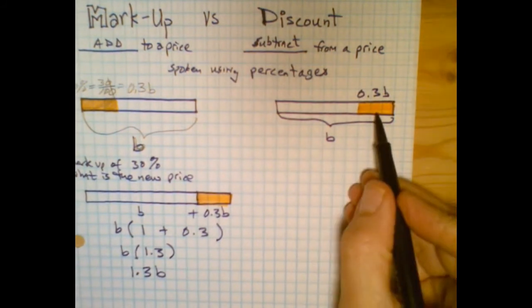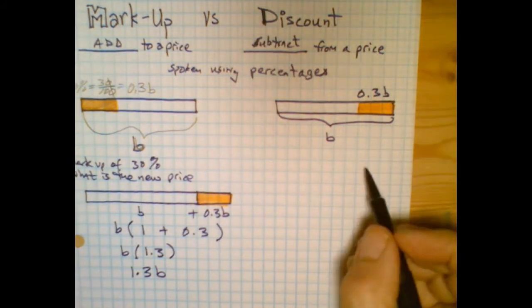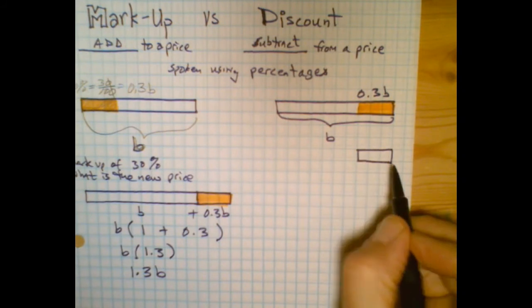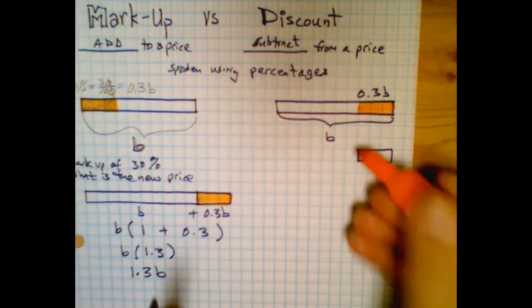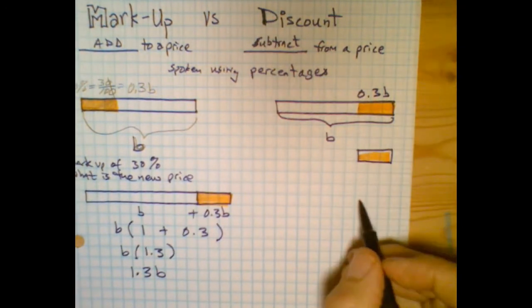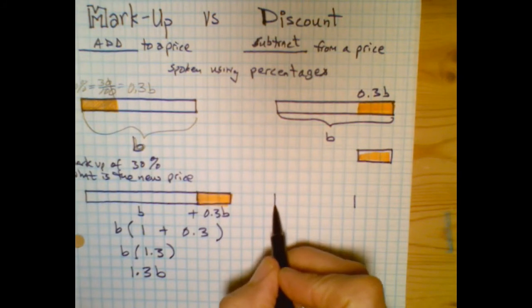So this is how much I'm taking off of B. I'm going to take off 3/10 B. So that means I have my 3/10 B here, which I'm going to subtract from the B. And that just leaves me with this much that's left over.